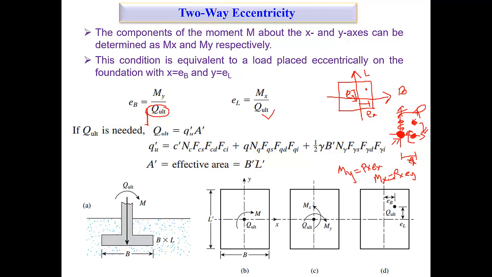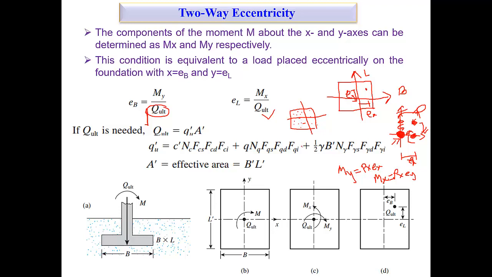Okay, so here in two-way eccentricity, the major challenge is to find the effective area, because you can see that this is not limited to a single axis. The eccentric load can be anywhere, right? It does not only lie on the axis, it lies at any location of the foundation. So the effective area can change randomly.